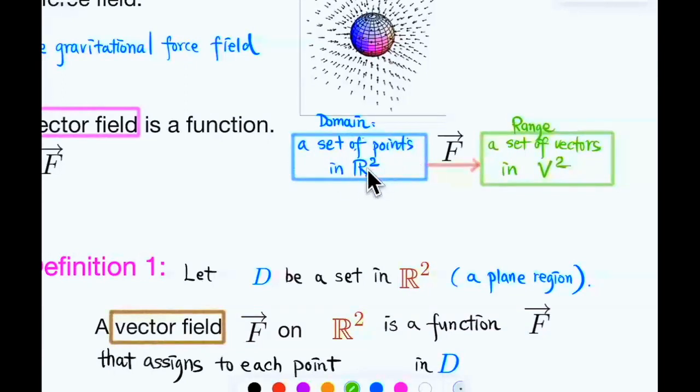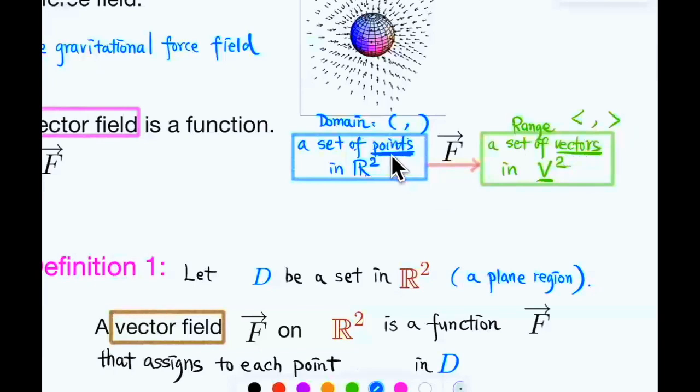What's the difference between R2 and V2? Every member in R2 is a point. Now what about V2? Every member in V2 is a vector. Okay? So the point will look like parentheses, and the vector will use angle brackets.